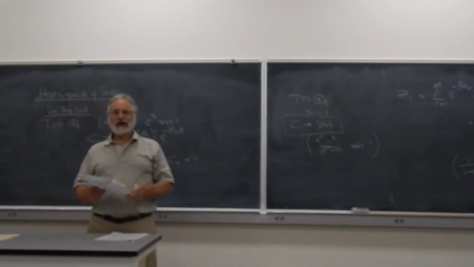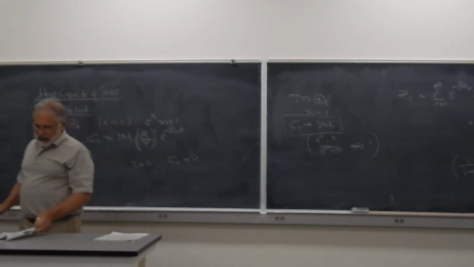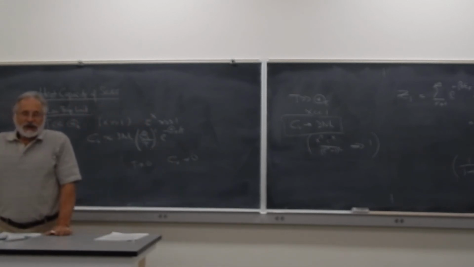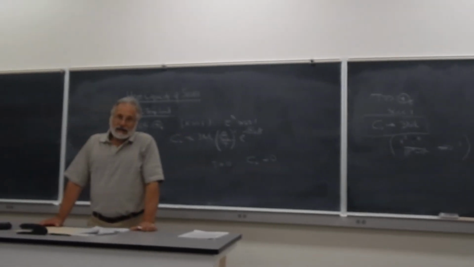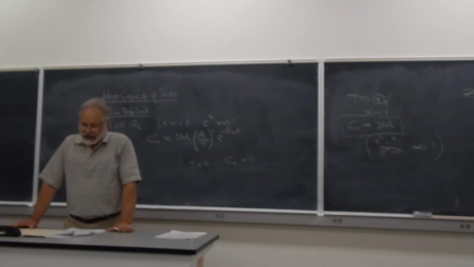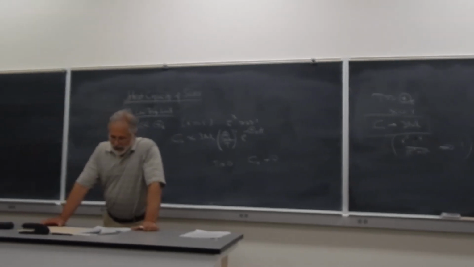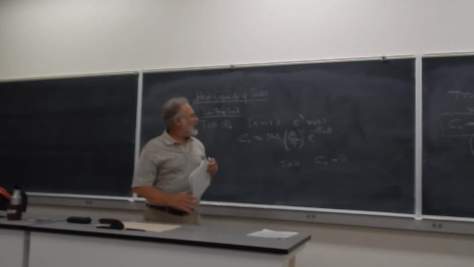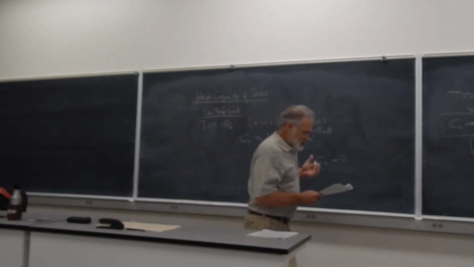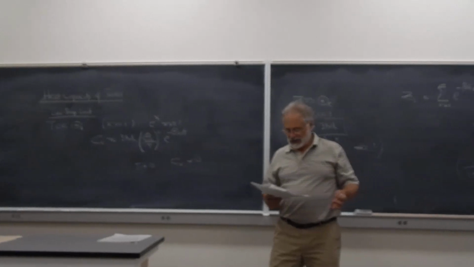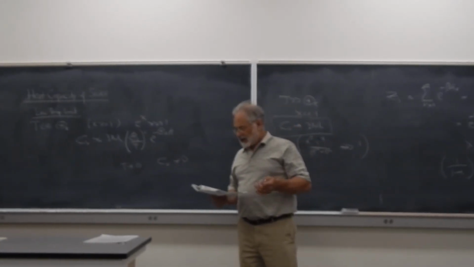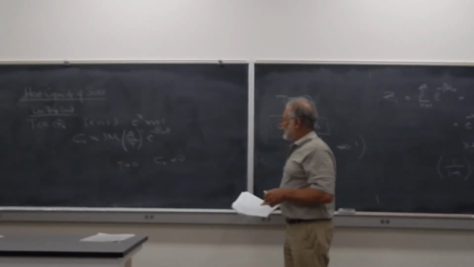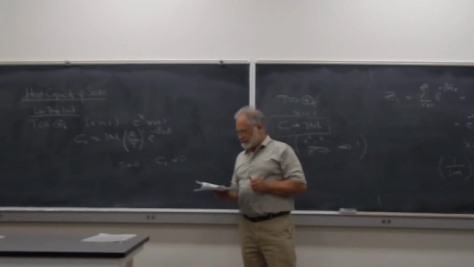So how does this compare with experiment? Again, the agreement works fairly well near room temperature, as does Dulong and Petit. But with a closer look, we're going to find that experimentally, CV goes as T cubed as we get to lower and lower temperatures, not exponentially the way this is indicated.